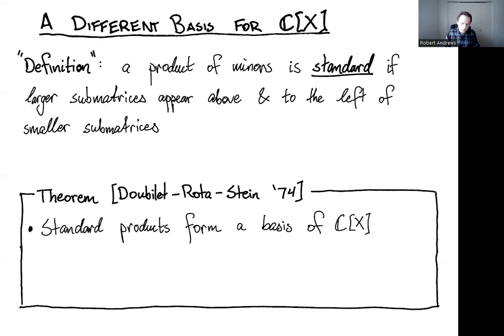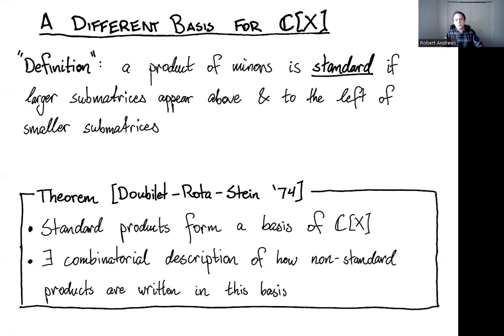It's something else. Now, of course, there are other products of minors. There are the non-standard ones. And this theorem says that you can write a non-standard product as a sum of standard products. And in fact, their theorem gives a description of how a non-standard product is going to be expressed as a sum of standard products.